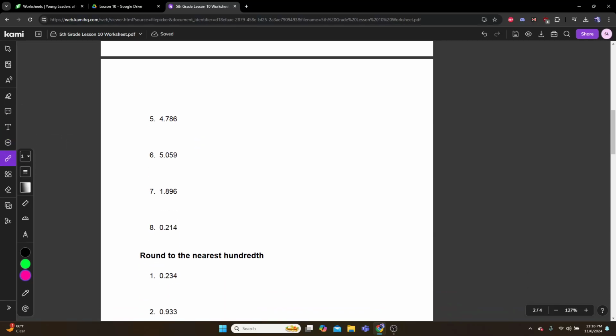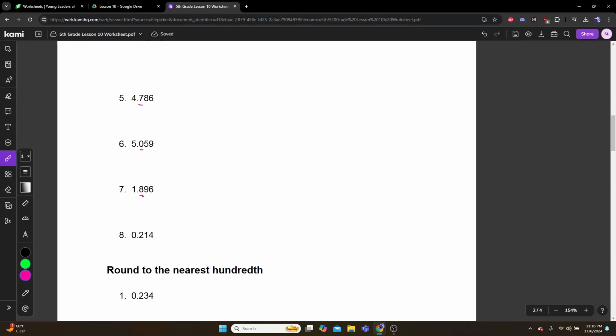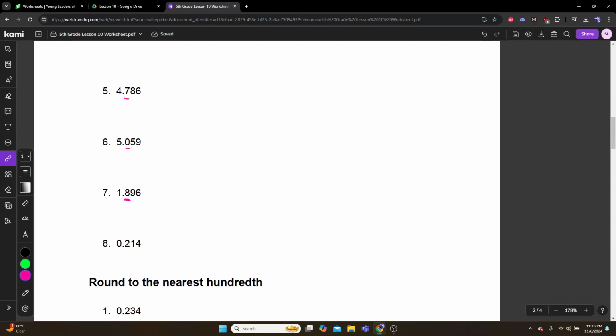Now for these numbers, let's underline the tenth again. It's the number that comes after the decimal point, so in this case it's 7. For number 6, it would be the 0 here. Number 7, it would be the 8. And then number 8, it would be the 2.